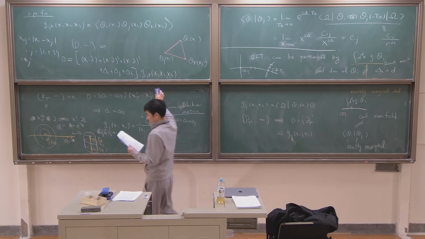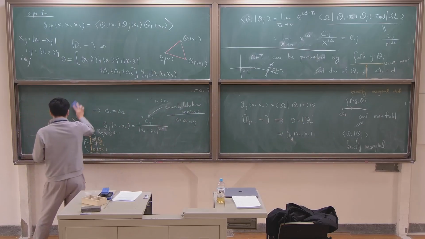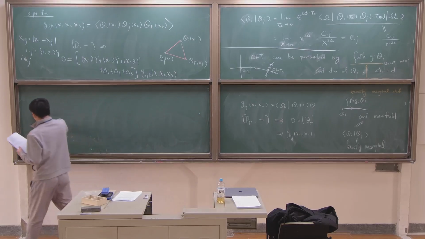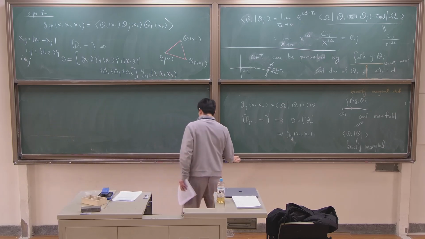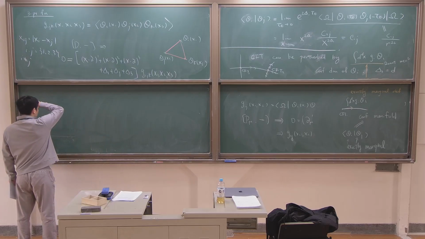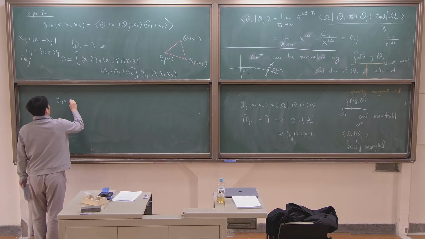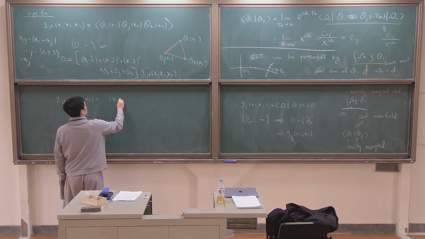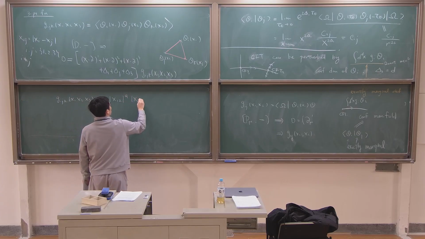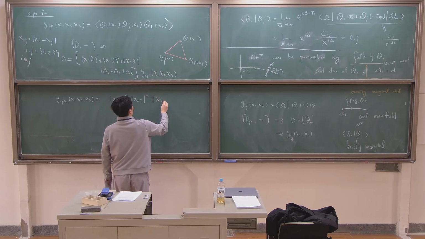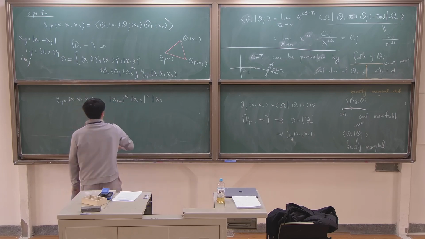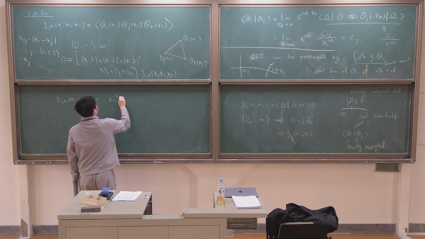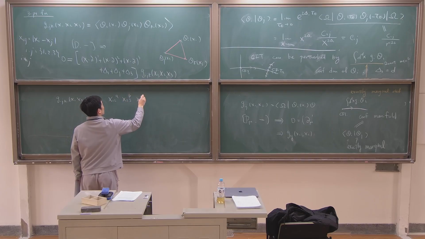From there, if you write down G_IJK(x1, x2, x3) as x_12^a x_23^b x_31^c, I don't need absolute values here.